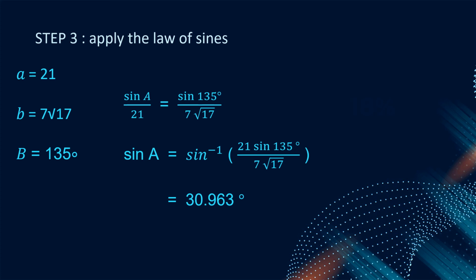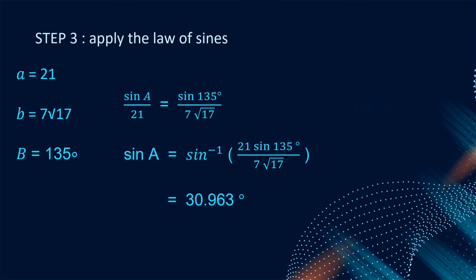So now we have sin A over 21 equals sin 135 degrees over 7 root 17. Then you should bring the 21 to the other side. That's simple math you must know by now. And sin 135 degrees is multiplied by 21. And then you will get the answer 30.960 degrees.